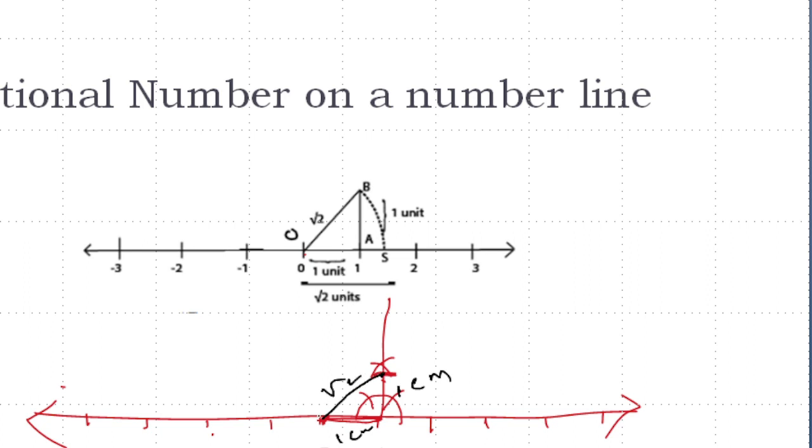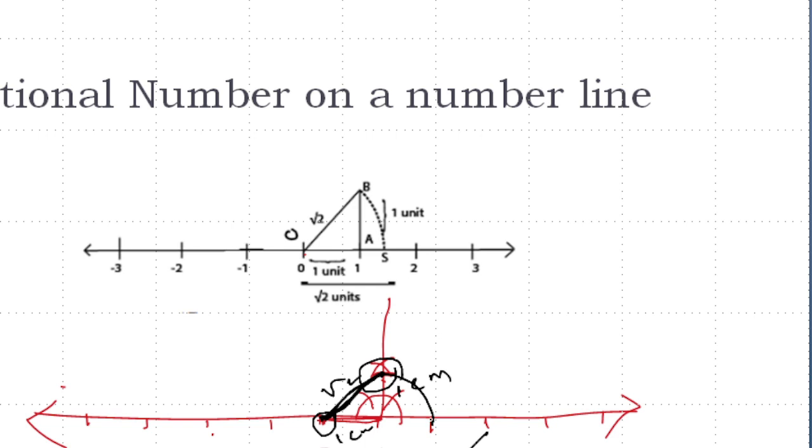Okay, but is this on the number line? No, this is in the air, so we have to show this on the number line. So take the compass, fix it at this point, then the pencil at the other point, then simply make an arc, like a circle.